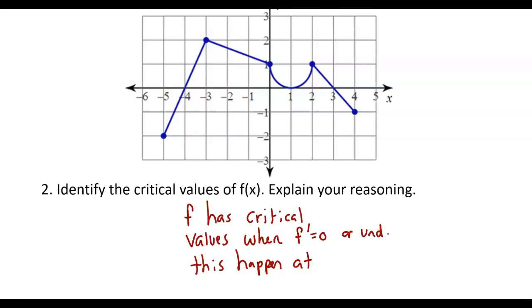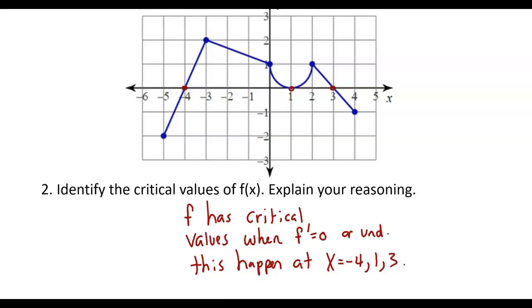Remember, this is a graph of f prime, right? So where does this graph of f prime equal 0? Well, anywhere it's touching the x-axis is a place where f prime equals 0. So we have x equals -4, 1, and 3.